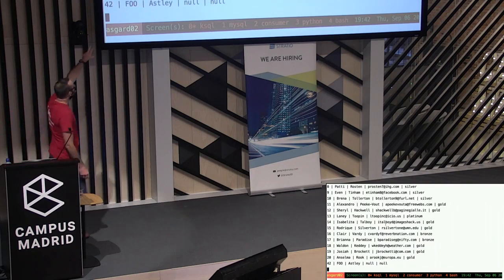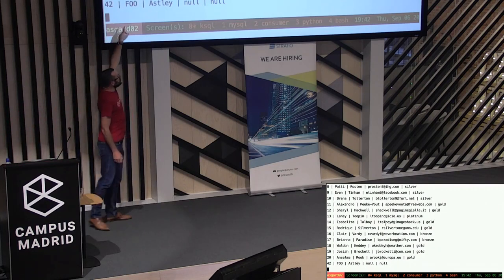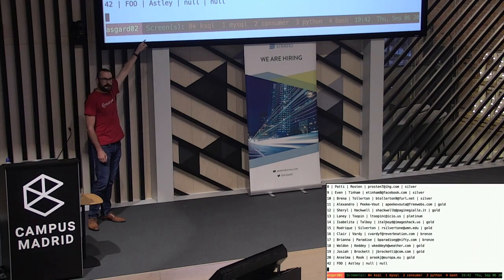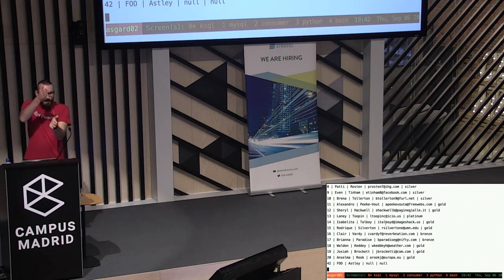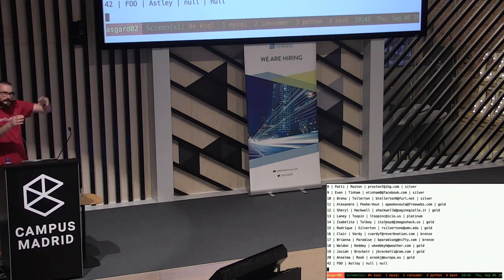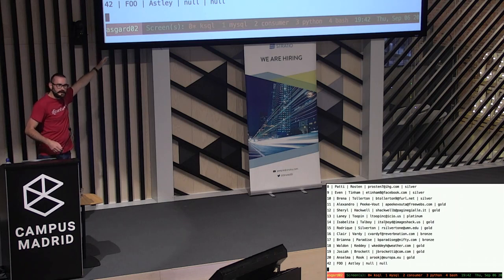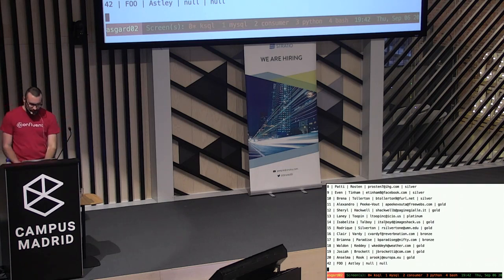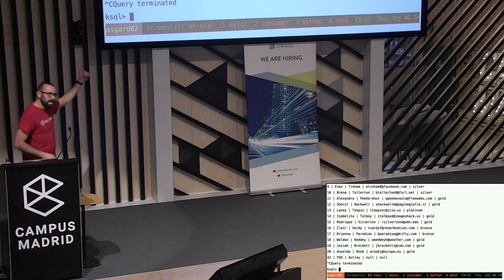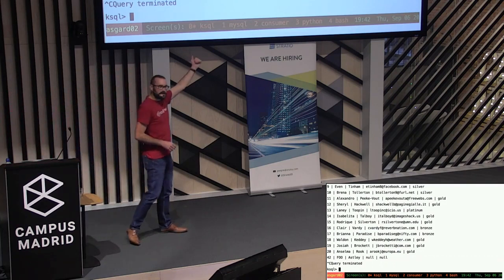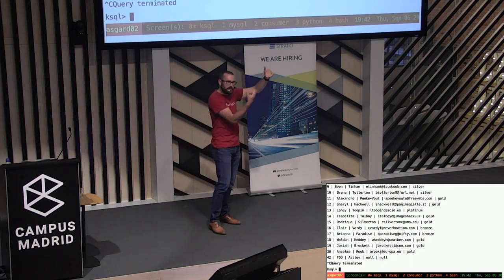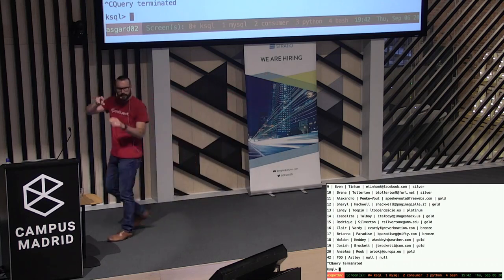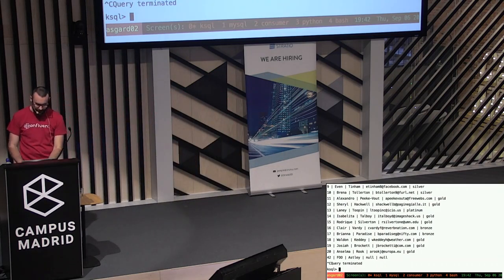Our table tells us for ID 42, it's Fu Astley. A table gives you the value as of now. It doesn't tell you what it was before, that would be a stream. It tells you now, this is the value. So when we're joining between our inbound ratings and who this customer is, we want to join it to the current value. We don't want to end up with a Cartesian join, because that would be weird.